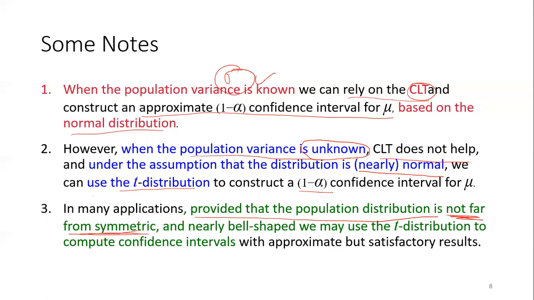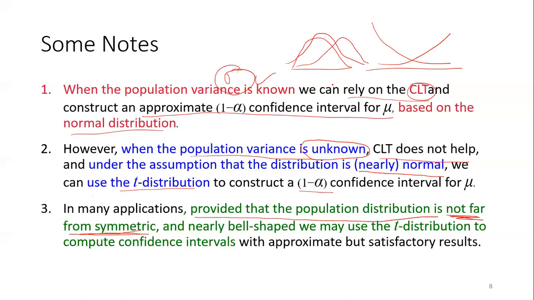What does this mean? So if the population distribution is not something like this, or is not something like this, but it's something like, for example, this, or a little bit skewed to the left, or a little bit skewed to the right, right?